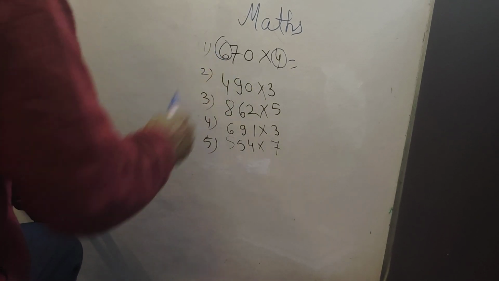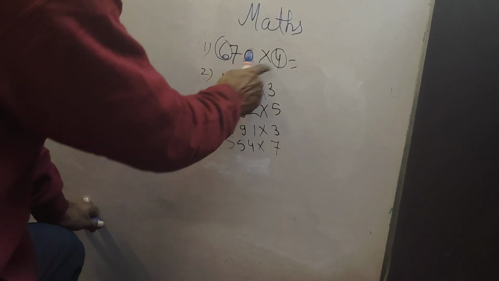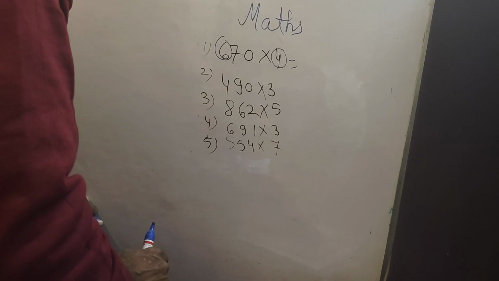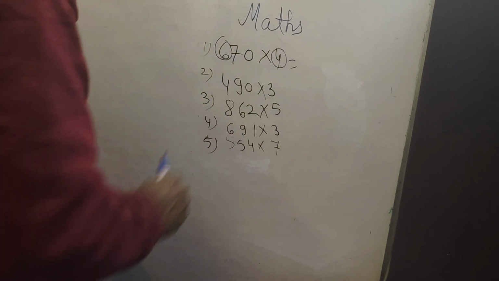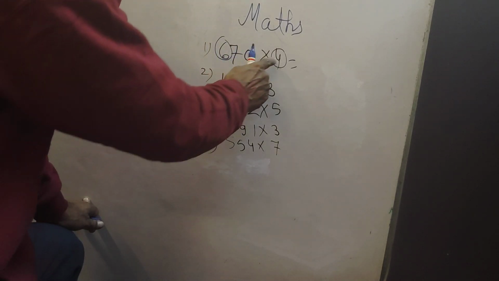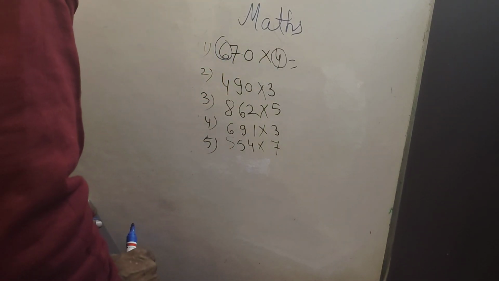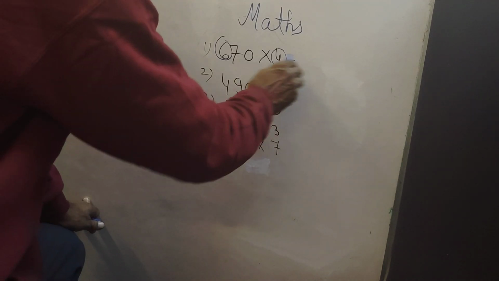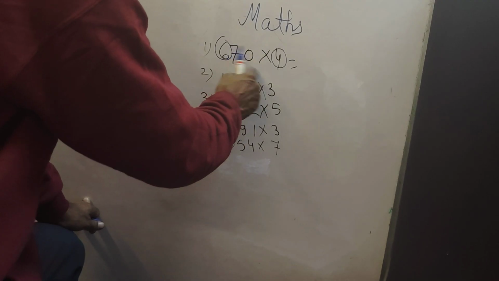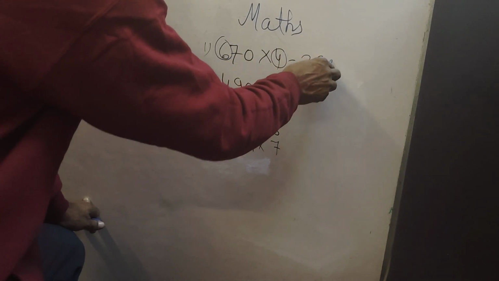So its place value is 70. 70 into 4, 7 times 4 is 28. So 70 into 4 is 280. 2400 plus 280 is 2680. 2680 plus 0 times 4 is 0. So 2680 is the answer.